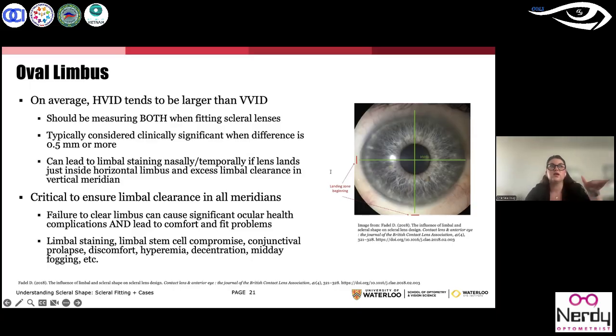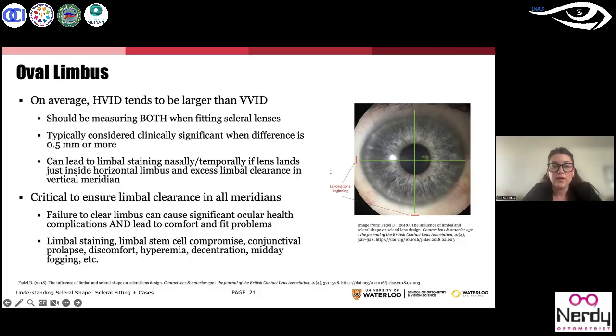You need to be assessing the whole 360 of limbus around the lens to make sure you have clearance, because failure to clear the limbus can cause significant ocular health problems and lead to comfort and fit issues. Limbal staining, limbal stem cell compromise, conj prolapse, hyperemia, decentration, a whole host of things.